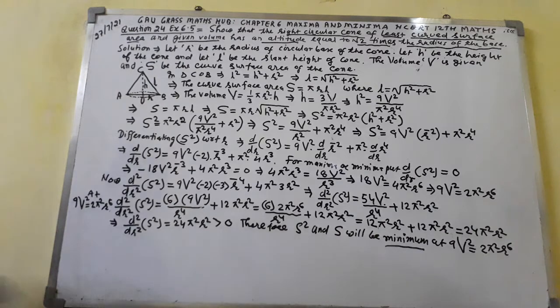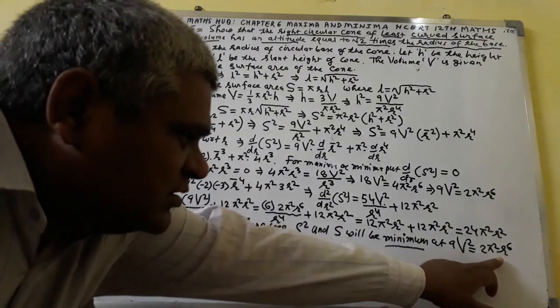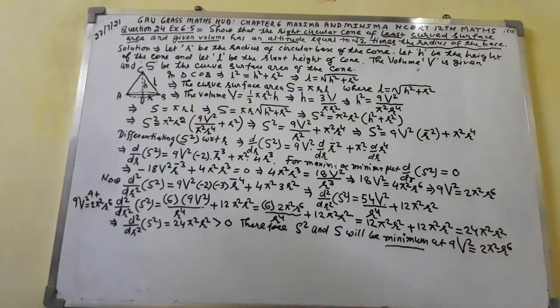Next, this value we have got 9v square equal to 2 pi square r raised to the power 6. This value I shall put here at this place, h square.